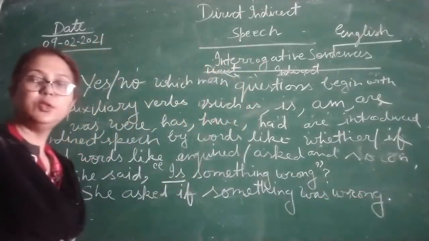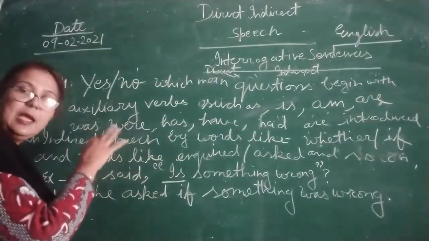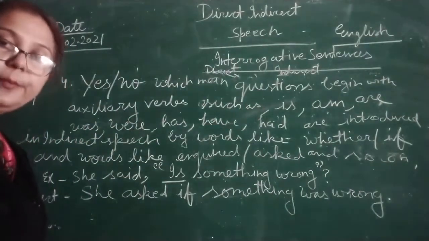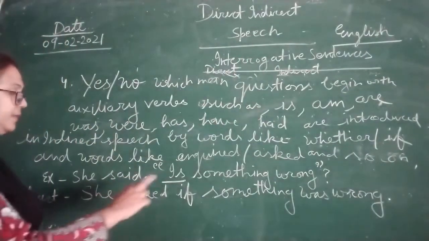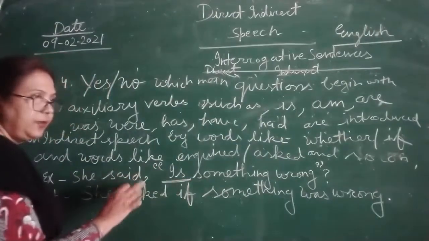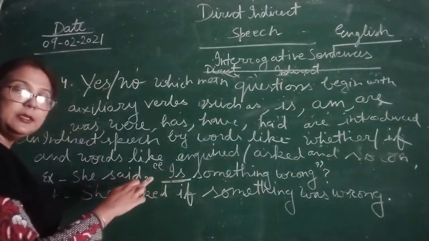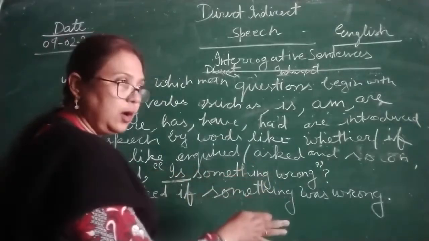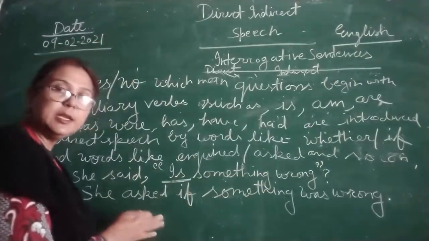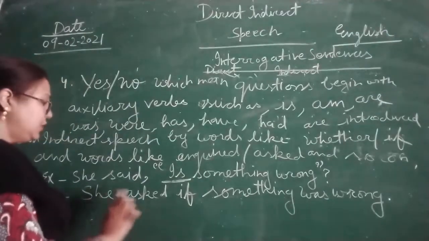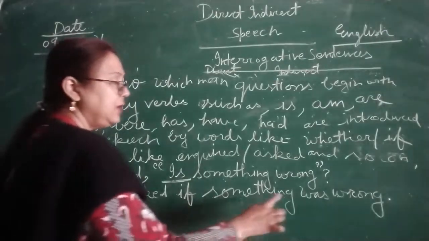It is as simple as the previous one. Here you can see the auxiliary verb is placed in the direct sentence and it is asking, "Is something wrong?" In the indirect sentence we have changed it: she asked if something was wrong.